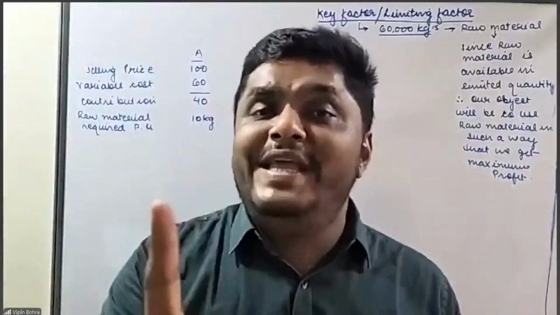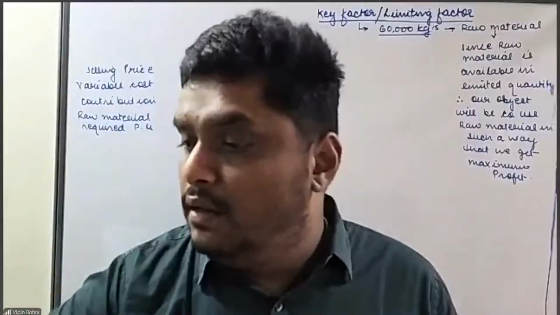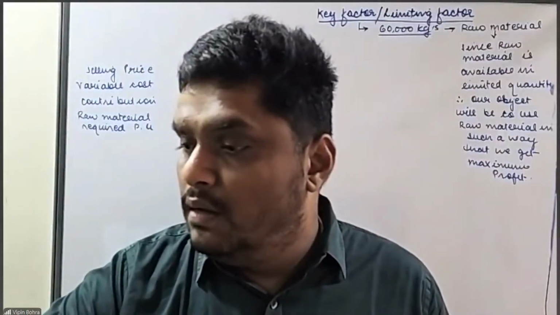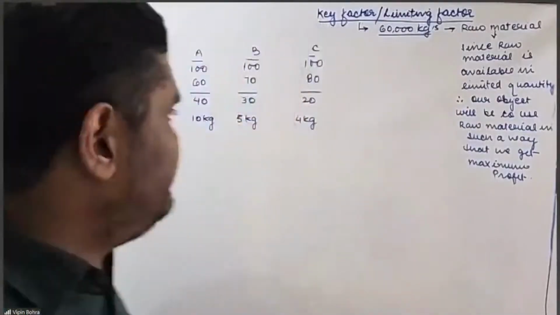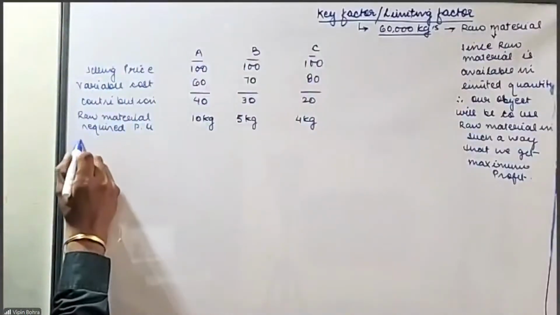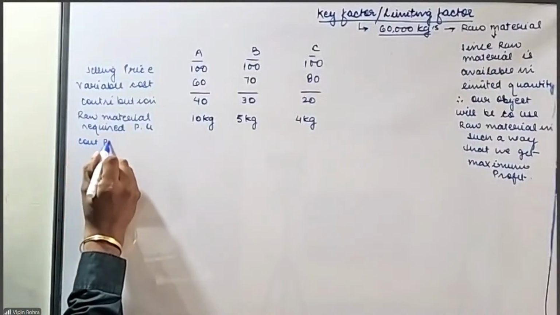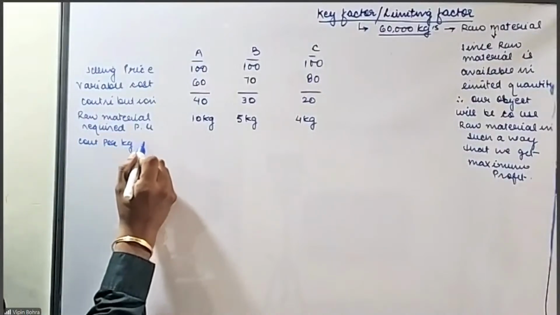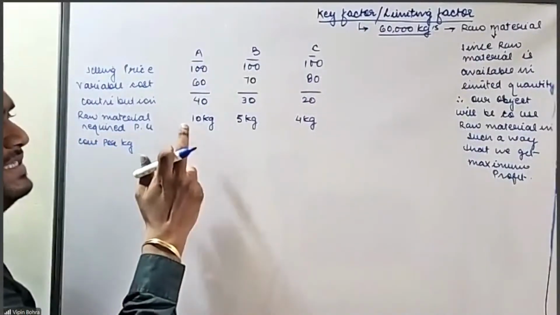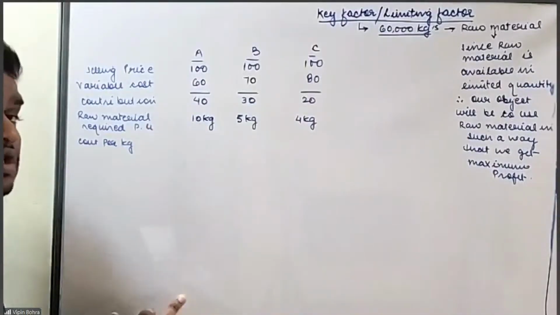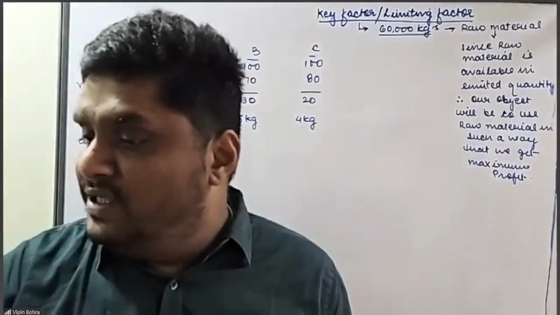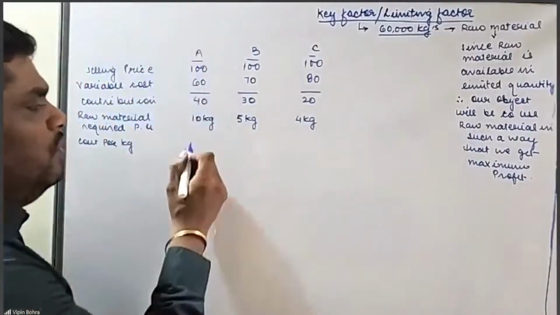So for every kg of raw material, how much are we earning? For 10 kgs we earn 40 rupees, so for every kg, how much? Very good, Tanu. 4 rupees.